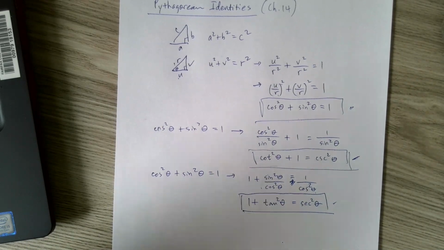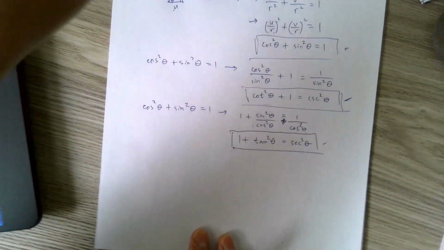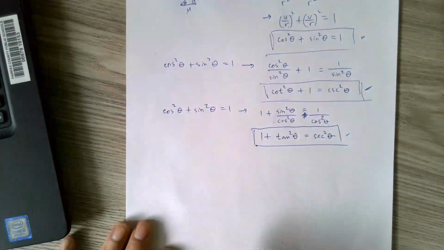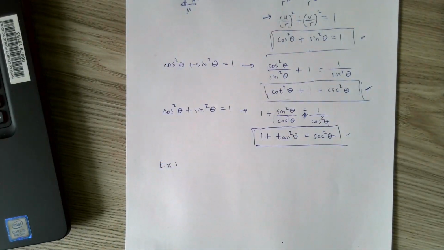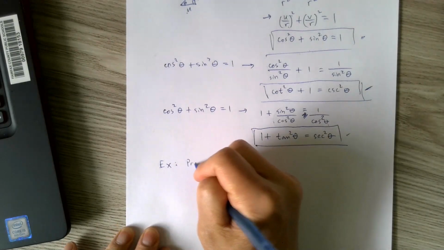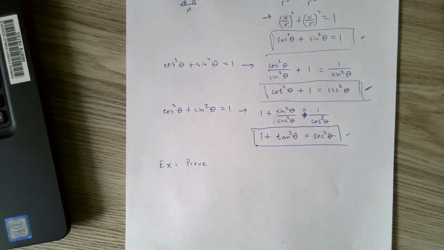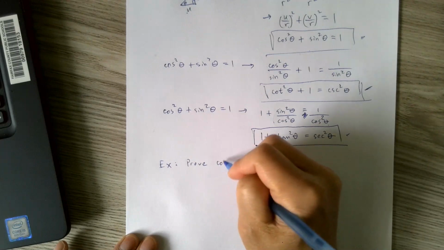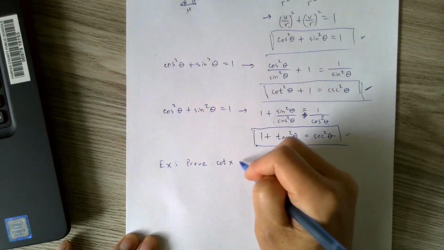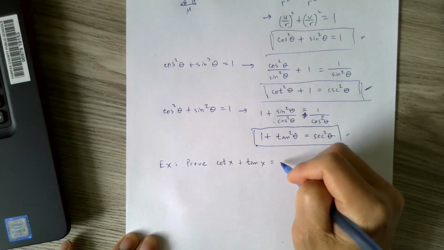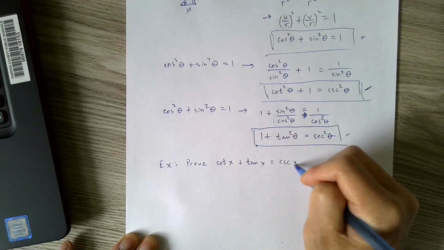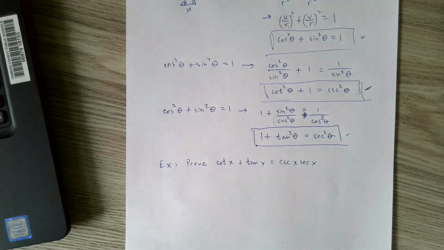Okay, so how do we use these identities? We would use them in a situation like this, when we're trying to prove another identity. This identity.